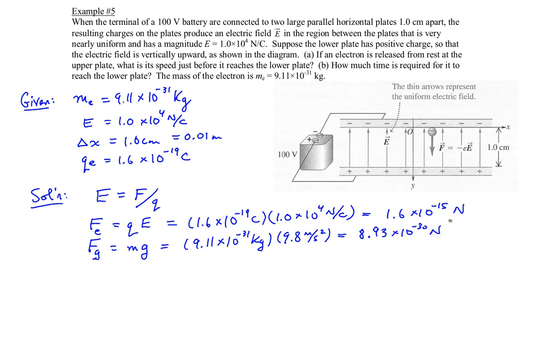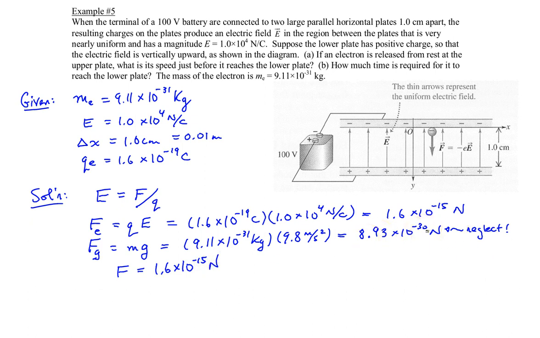And you can see that the force of gravity in this case is quite small compared to the electric force. So we can, I would say, neglect this. It's negligible. So really our force that's acting on the electron is just 1.6 times 10 to the power negative 15 newtons. We're not going to add this in there because it's not going to make any difference.